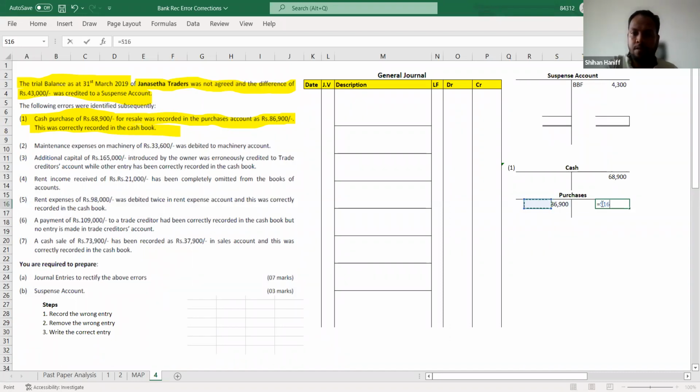So that is credit the purchases account. You have to credit purchases account.